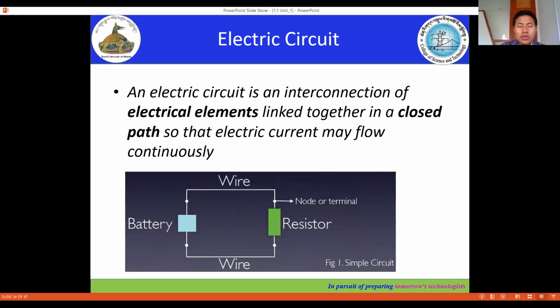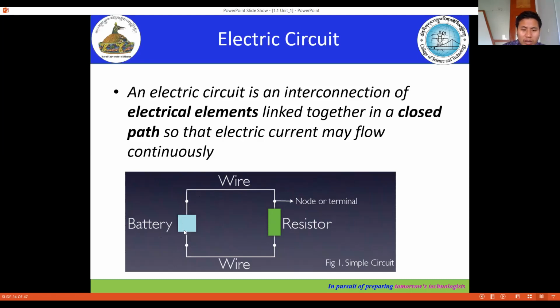Now here, to form the electric circuit, we need electrical elements. In this figure, we have a battery and a resistor. The battery and resistor are connected by the conductor this way. The battery and resistor are called the electrical elements, or in this circuit, we also call them a branch.